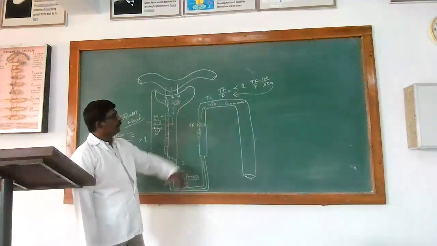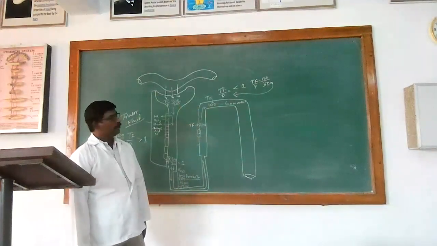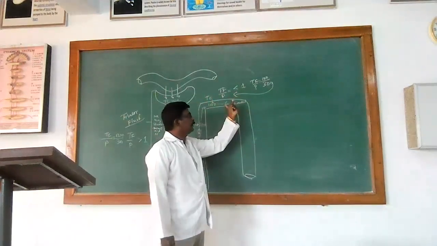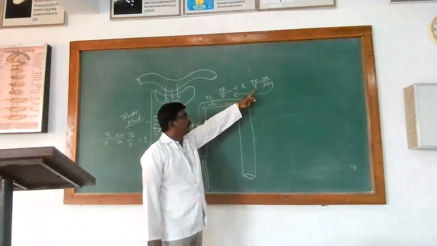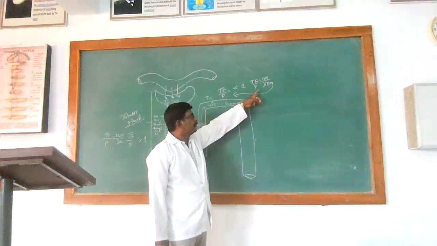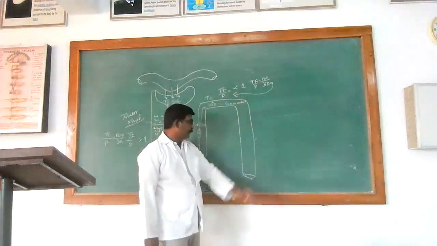We can make the equation TF/P less than 1. It means the tubular fluid becomes 100 and the plasma osmolarity is 300. So 100 upon 300 is less than 1.